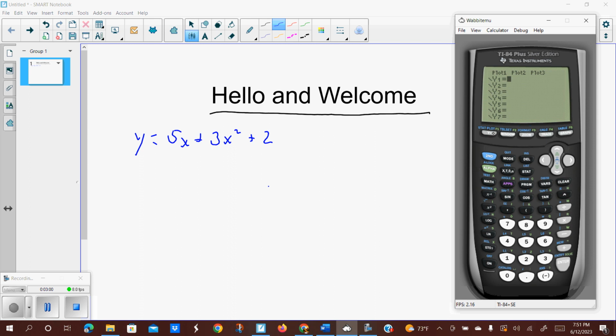So then I would type in 5x plus 3x squared plus 2, and say we need to look at the graph. Then I will go to Zoom 6, which is your standard graph, and there you would have your parabola. We could do whatever we needed to do with that.